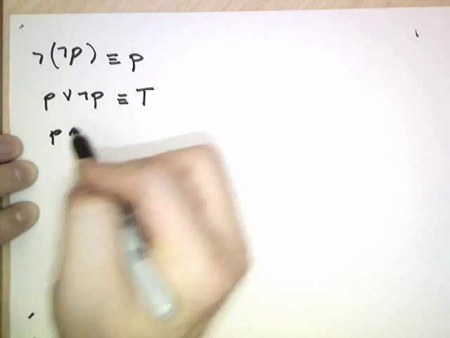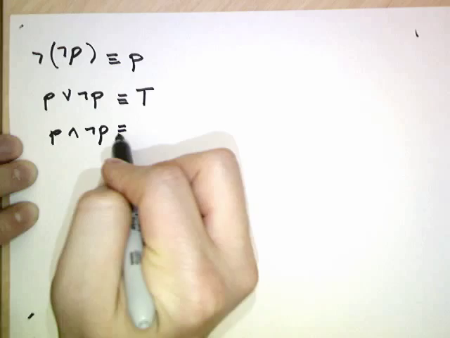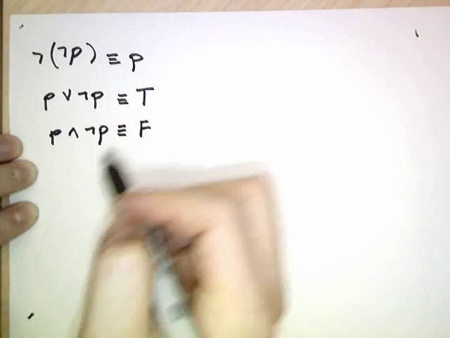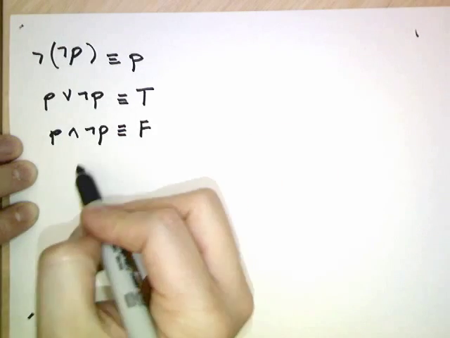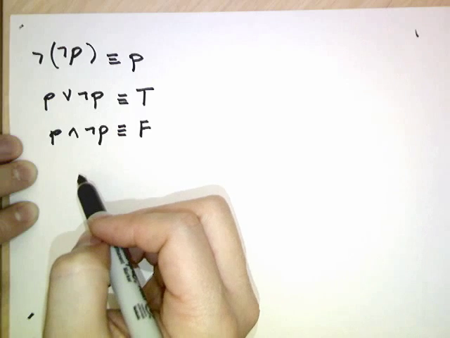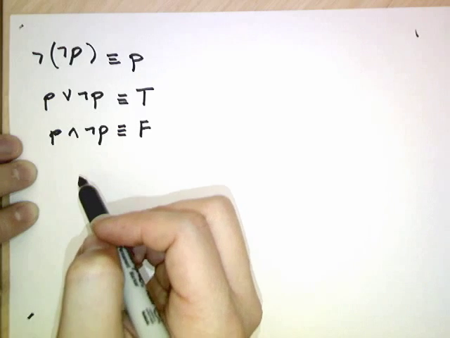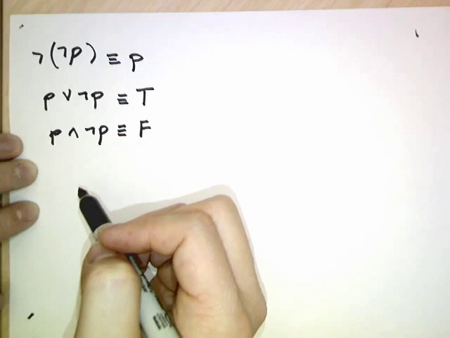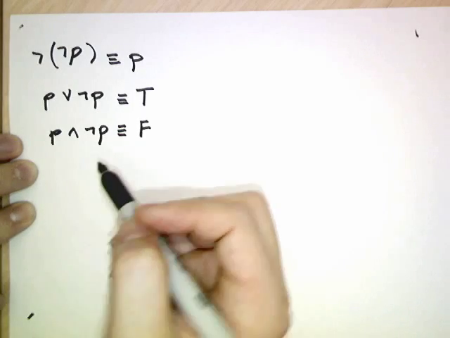And if I look at P and not P, this is equivalent to the constant false. In the Rosen book, you'll find some other equivalences that are quite simple, and I'm not going to spend time on, but you might want to review them just to help you simplify Boolean formulas in the future.